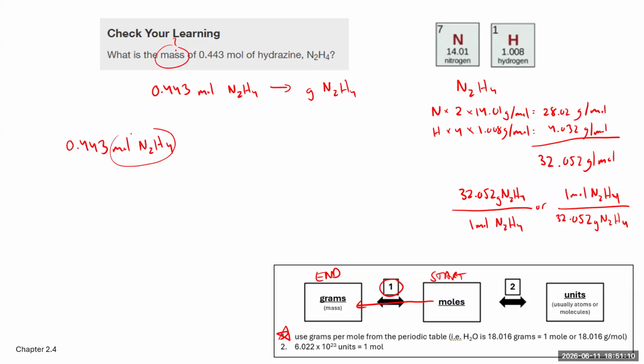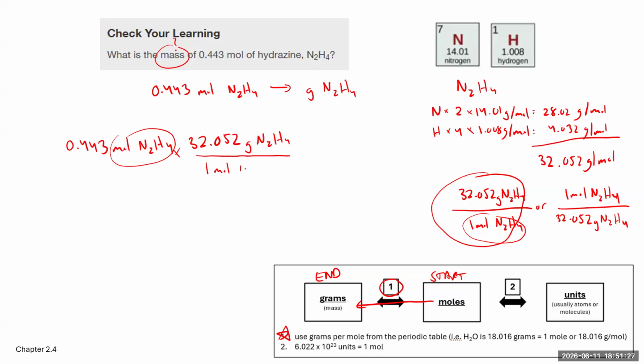We have moles of N2H4, so we need moles of N2H4 in the bottom. So we're going to use this conversion rate, 32.052 grams of N2H4 over 1 mole of N2H4. These cancel out, and we got 0.443.